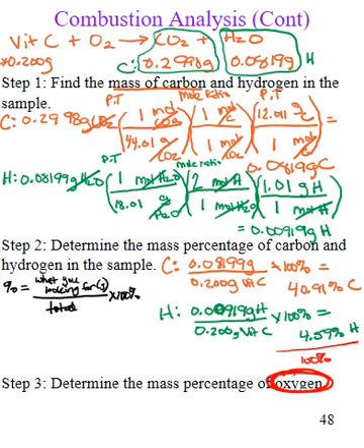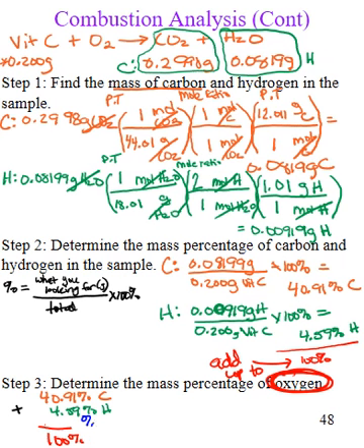Okay, so how would I do that? Remember, everything has to add up to 100%. So if we have 40.91% of carbon and 4.59% of hydrogen, and we're adding this together, how much oxygen would we need?